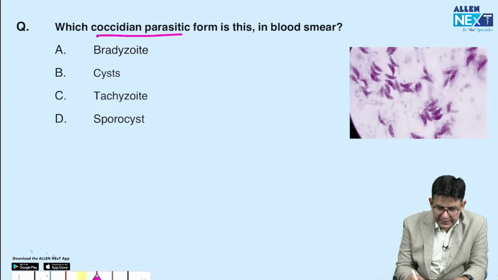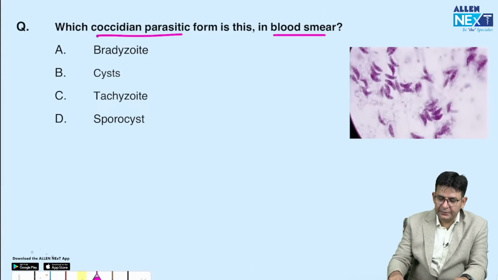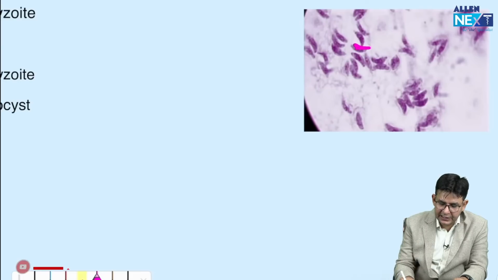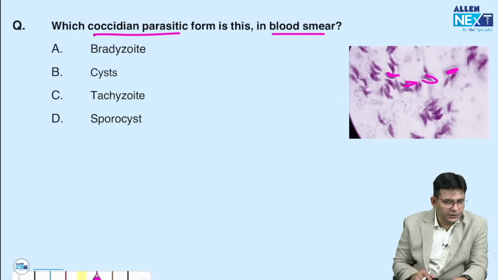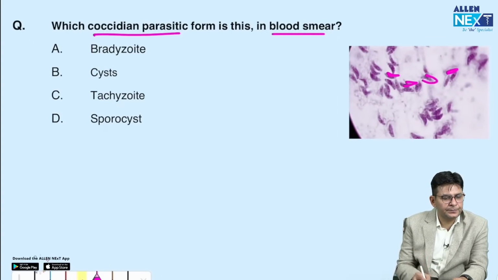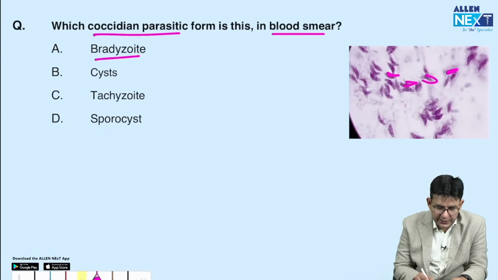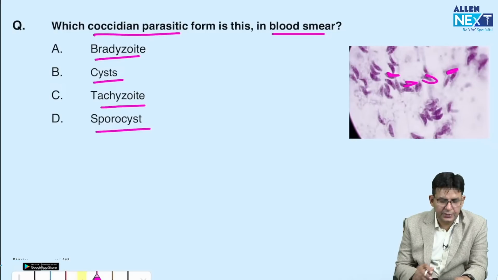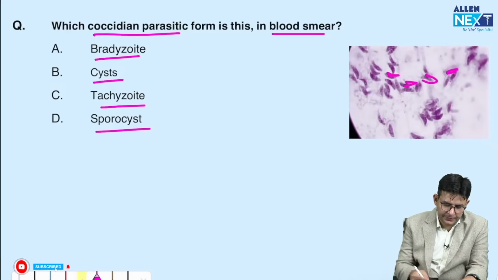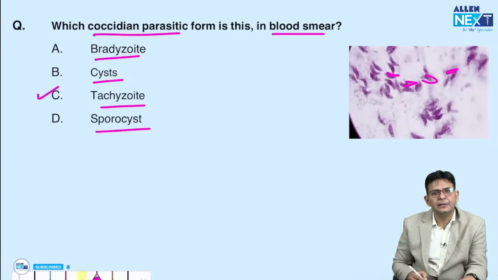Which coccidian parasite is seen in this picture? They are sickle shaped. The options are bradyzoites, cyst, tachyzoites, or sporocyst. What is the answer to this question, guys? Tachyzoites.